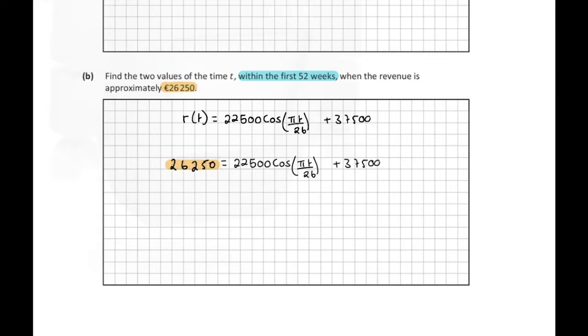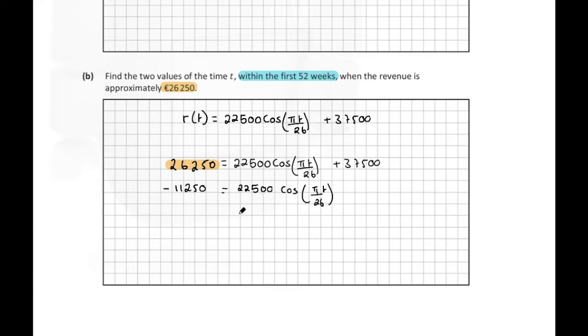Now what we need to do is solve this. So I'm going to move things around and subtract that from both sides. Then I would be left with minus 11,250 equals 22,500 times cos(πt/26), like so.